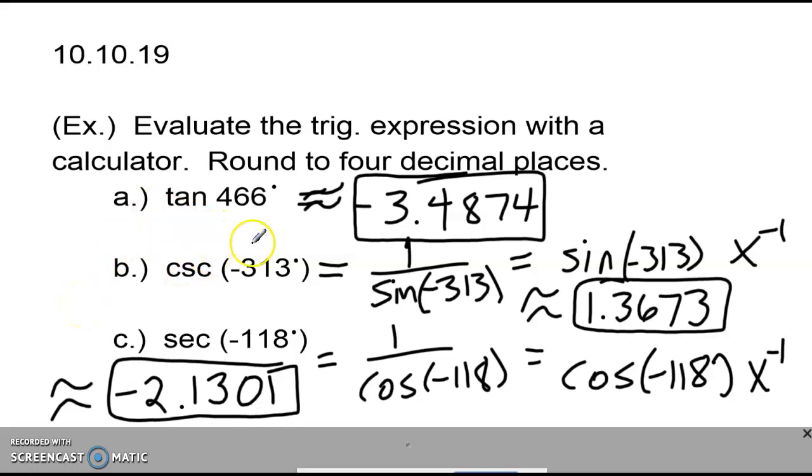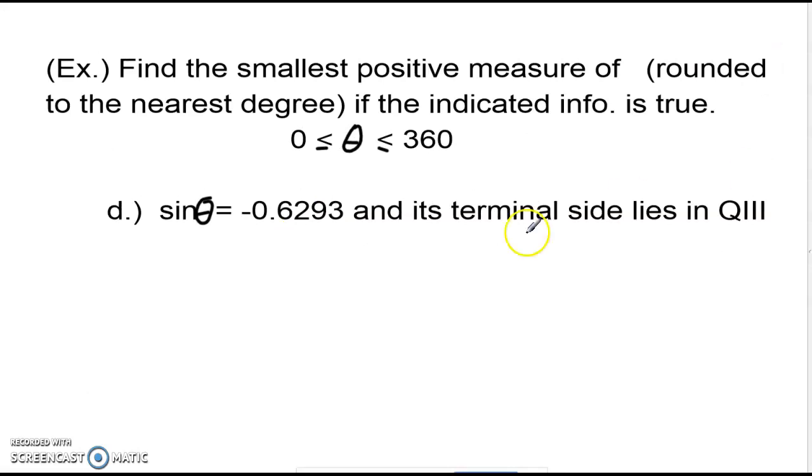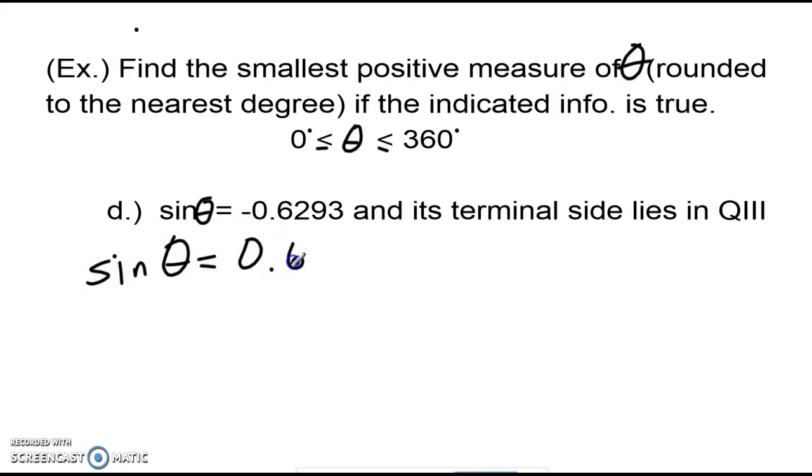Okay, that's part 1 of today. Part 2 is similar to number 1, maybe number 2 from today's bell work. But let's get this written down. So we want to figure out this. What would theta be in the first quadrant if it had the same sine value?